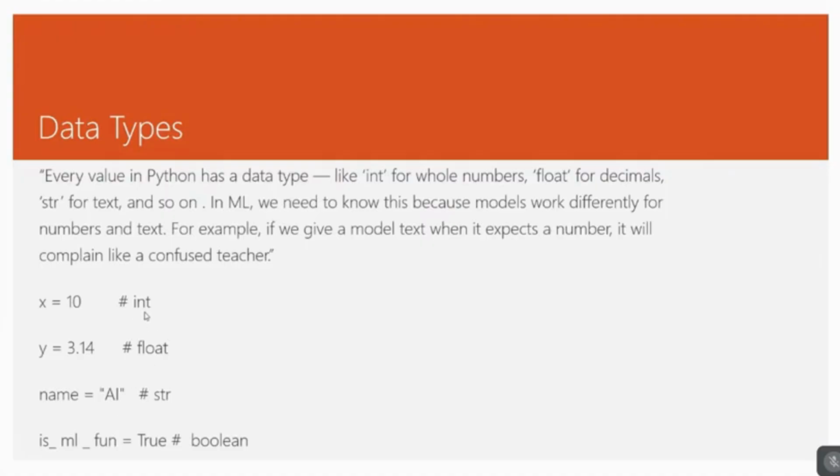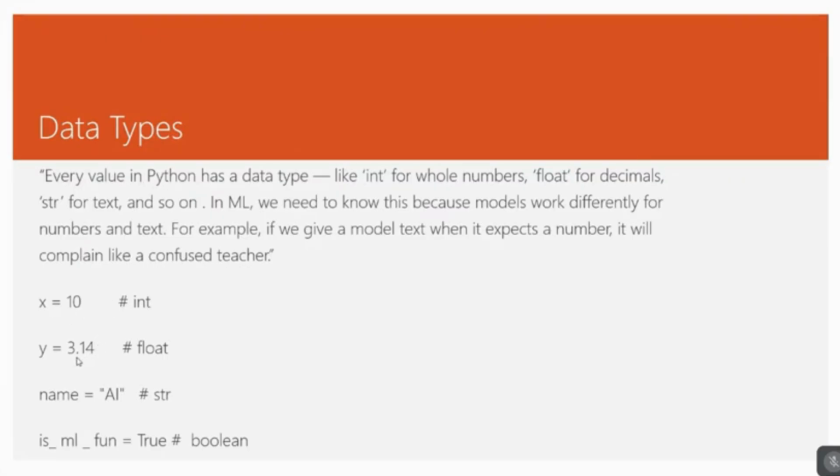Here, x and y are variables, and 10 and 3.14 are both values. These values are stored in variables, and here we store 10. The data type of 10 is integer because it's a whole number.